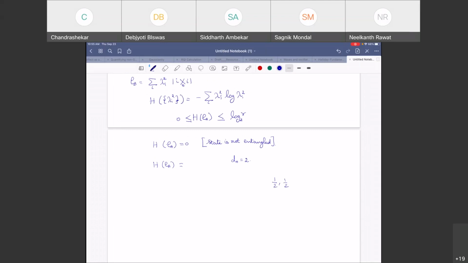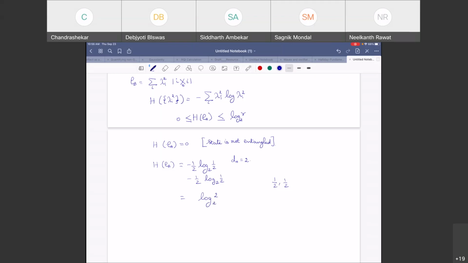To substitute in the entropy formula, this will be minus log base 2 of 1/2 for each eigenvalue, which gives log 2.